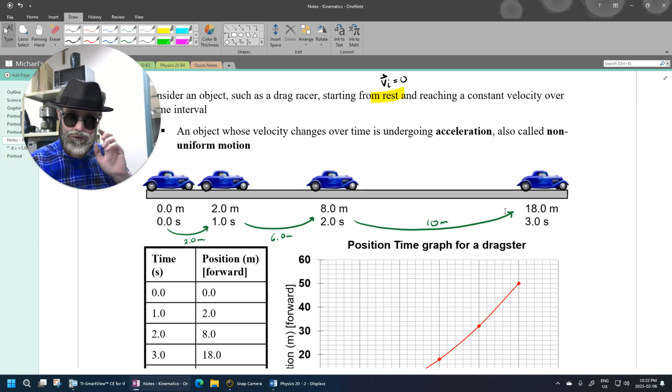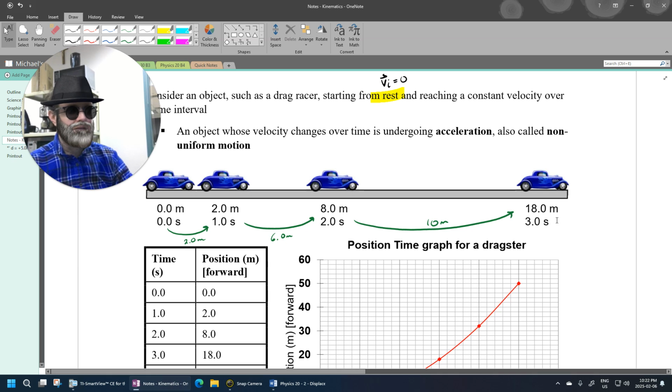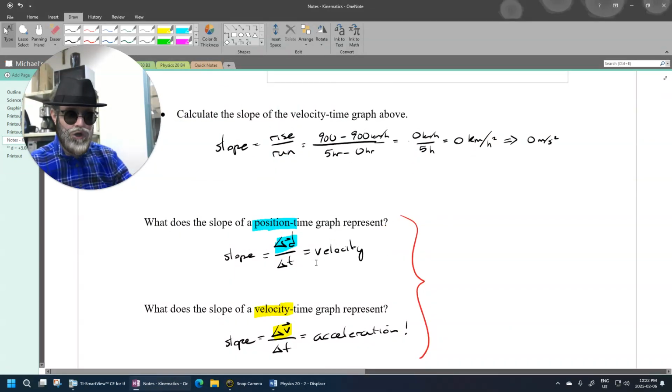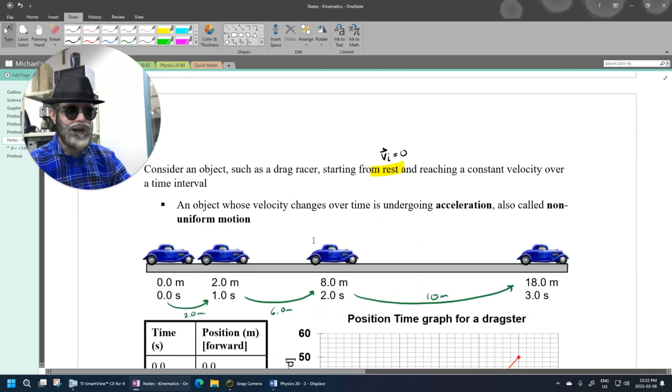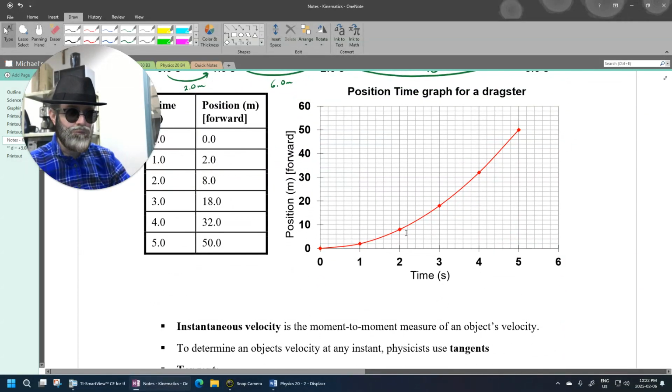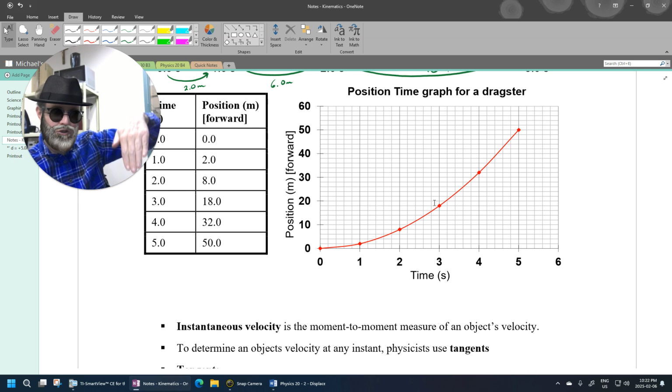Now, this is where it gets a little bit tricky, right? So to find instantaneous velocities, because remember, the slope of a position time graph is the velocity, I have to find the slopes. I'm going to specify slopes, because the velocity is always changing.